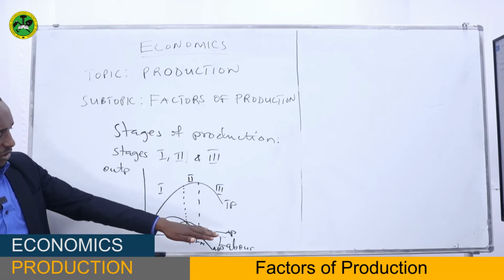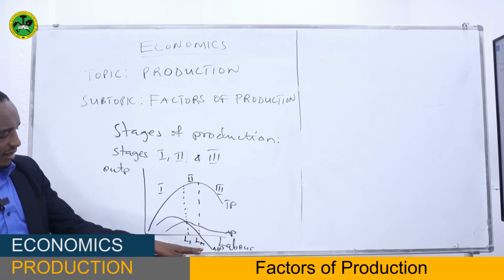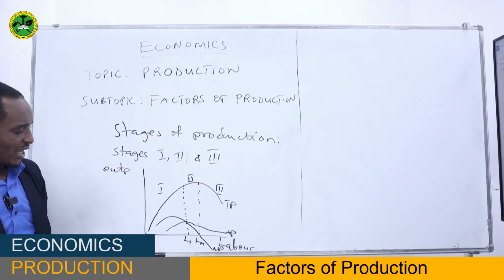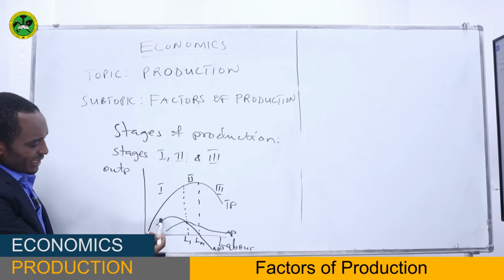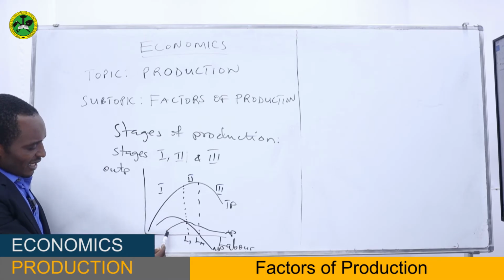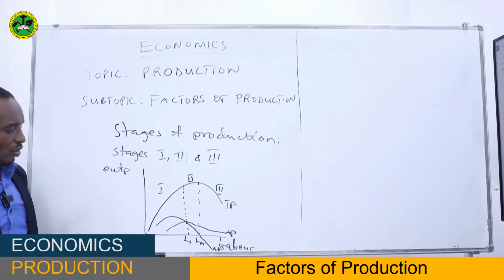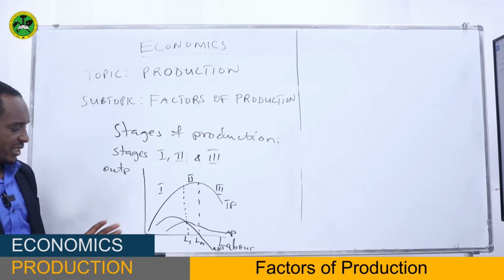So the average product will be higher while the marginal product is lower. And in this case, when the marginal product is increasing, the average product is below or is less. So you can see this relationship.